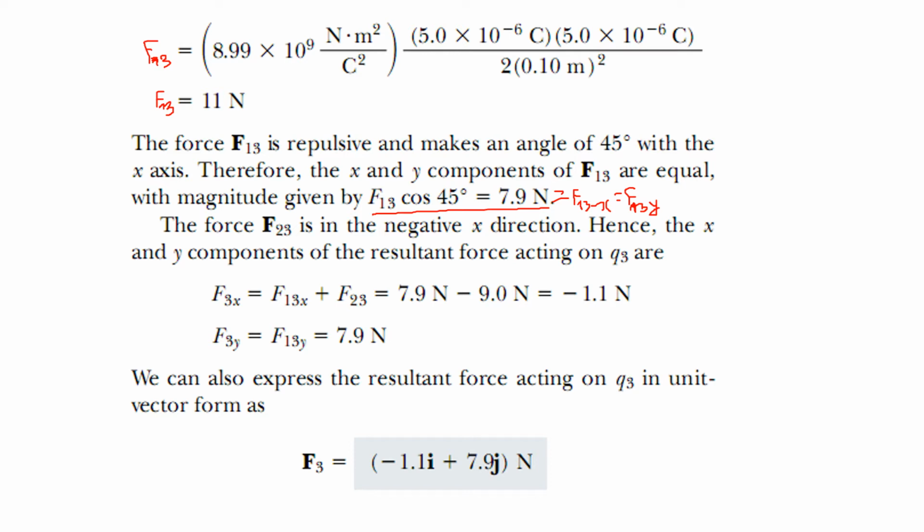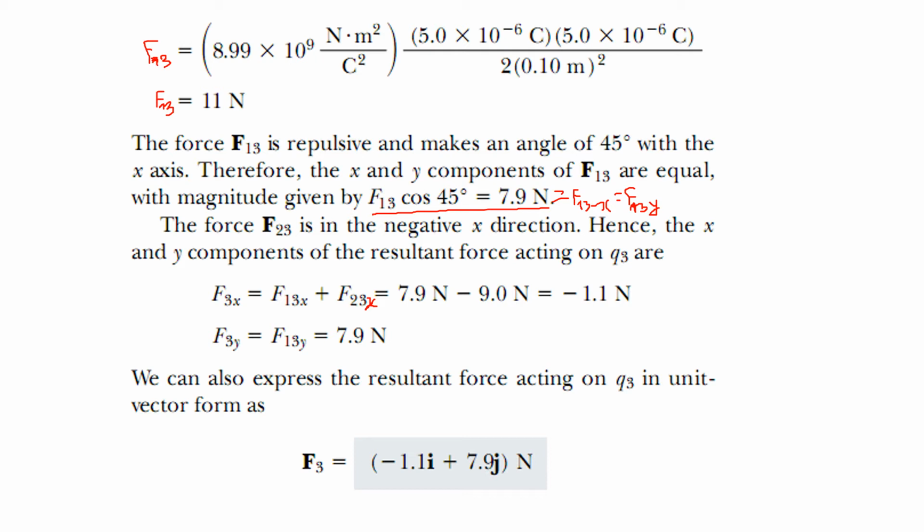Then the x component of the force on charge 3 is equal to the x component of the force that charge Q1 exerts on charge Q3 plus the magnitude of the force that charge Q2 exerts on charge Q3 in the x direction. And we saw that this force is oriented in negative x. It's the reason why we take 7.9 newtons minus 9 newtons, which is equal to minus 1.1 newtons.